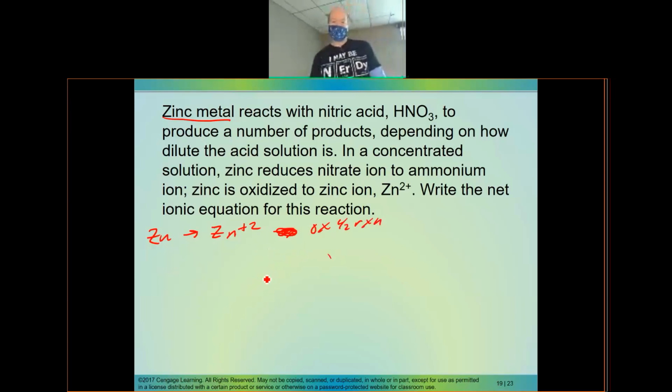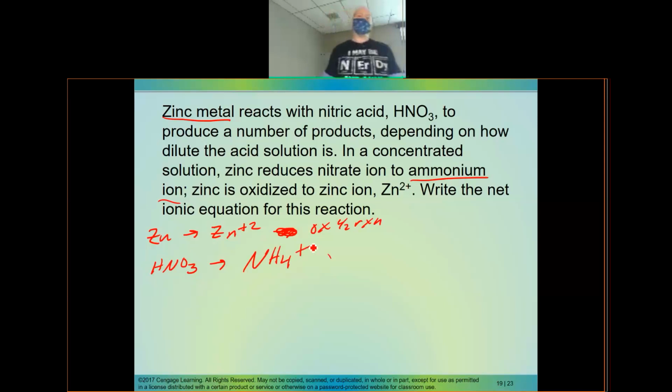All right, so then we have HNO3. And they say that this is going to go to the ammonium ion. That is NH4 plus. Now, getting the oxidation numbers here is quite interesting. So H is always plus 1, O is always minus 2, unless you are a peroxide. So this is a minus 6, this is a plus 1, and so you see that this is a neutral molecule.